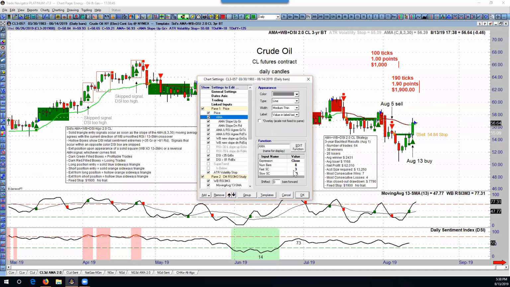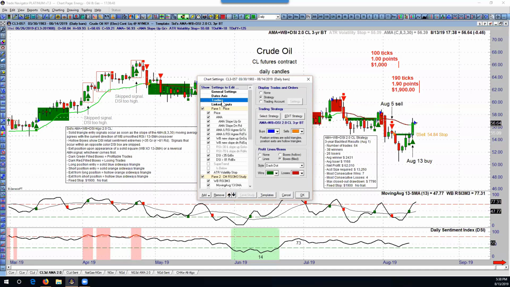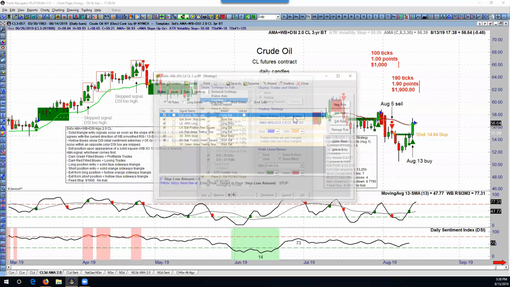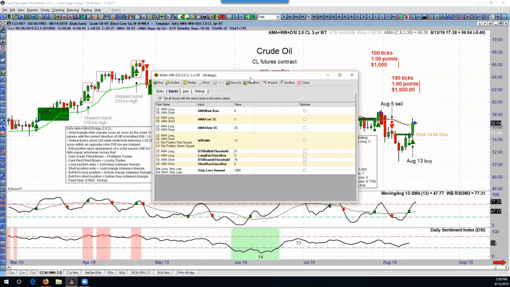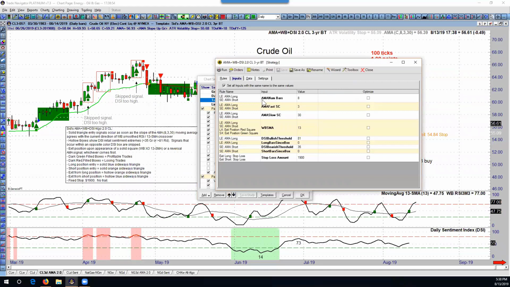And let's go to edit the strategy. And we can see that there's number of bars, fast and slow. So my description from before was incorrect based on those parameters. But anyway, those are the 3 parameters inside the AMA.